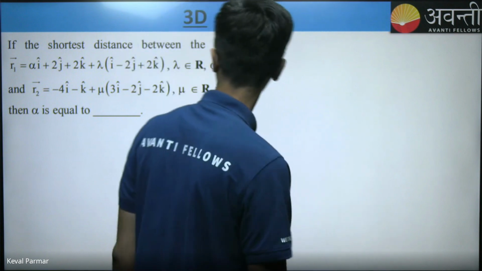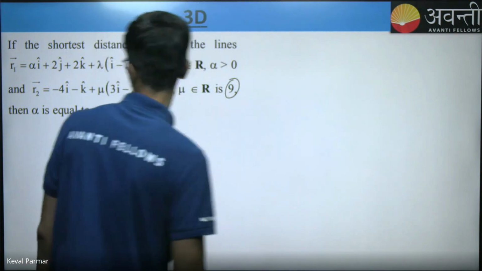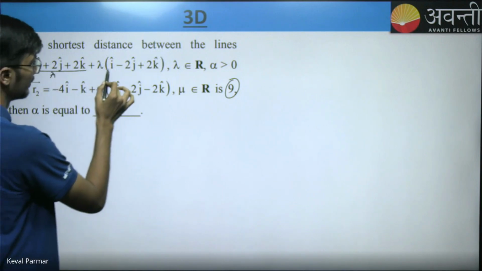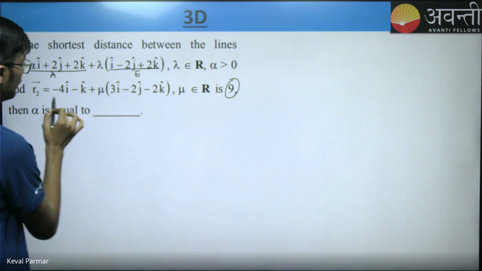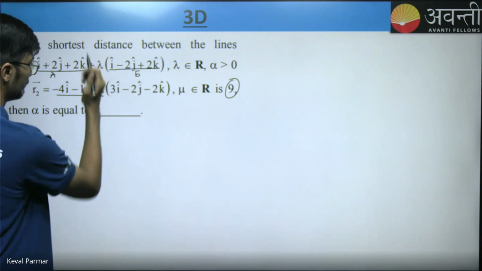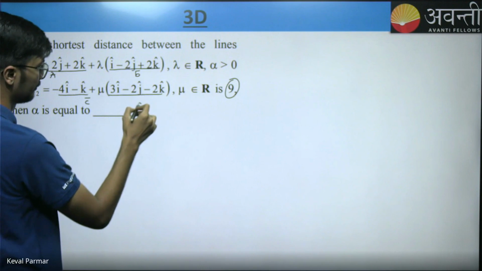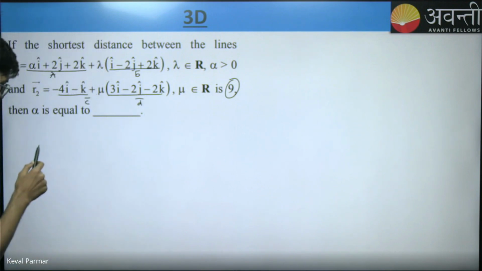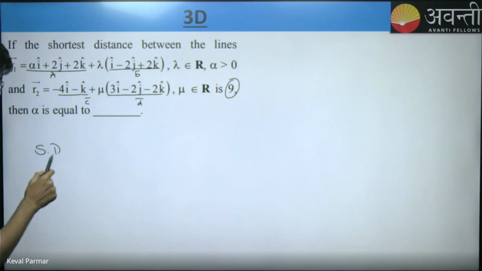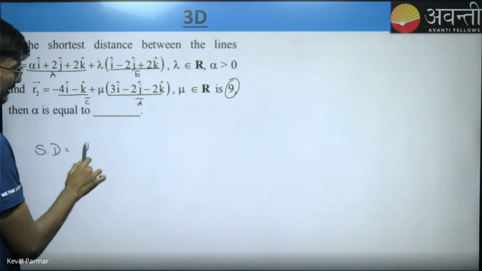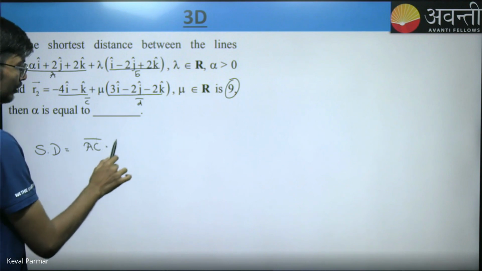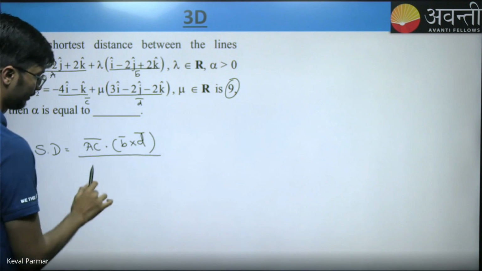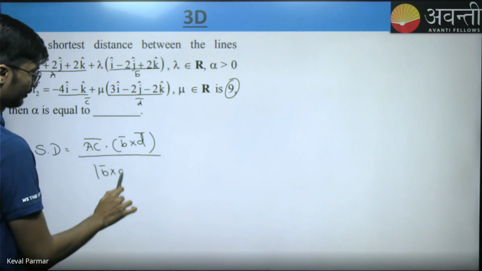So just now we said this is a plus lambda times b, this is c plus lambda times d, right? So what was the shortest distance? The shortest distance was equal to AC dot b cross d upon modulus of b cross d.